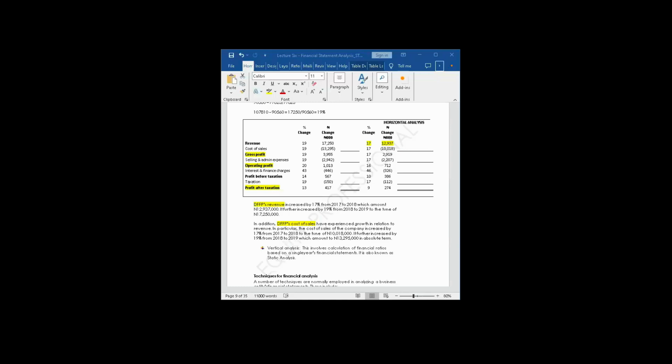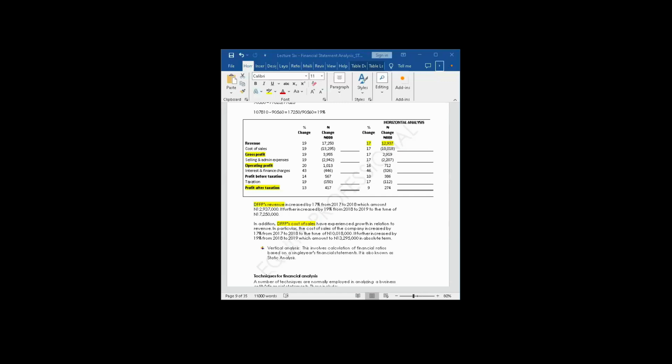From 2020, this is indicative of the company's improved revenues while having better control over costs, which increased at a lower rate than revenue. DFFP's profit after tax increased by 9% from 2020, which amounts to this. It further increased by this. Okay, I can take that.